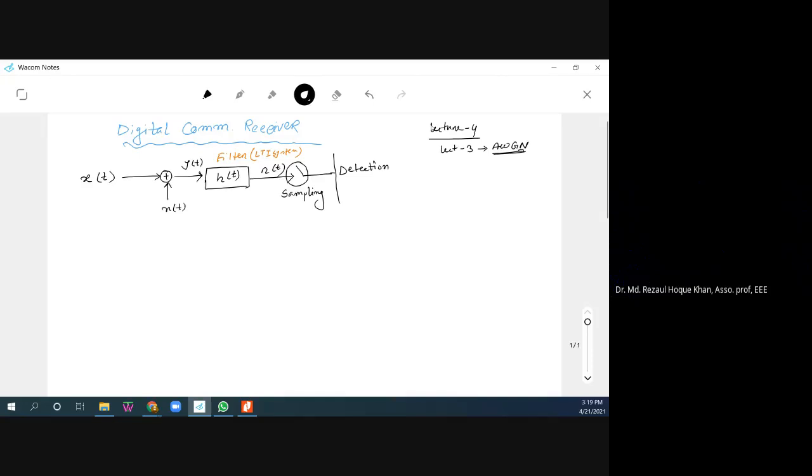In this sampling, the signal is sampled at T. Remember, the signal we transmitted was a pulse signal having a pulse duration, or symbol duration, T. So sampling at T means T is the symbol duration.